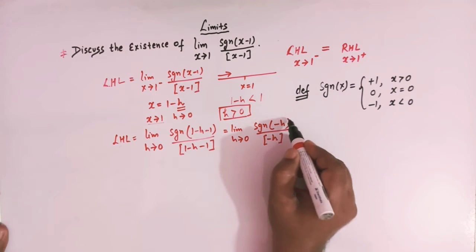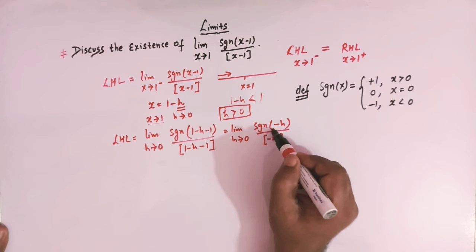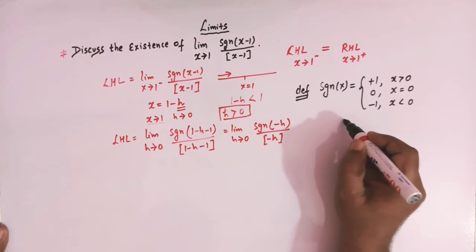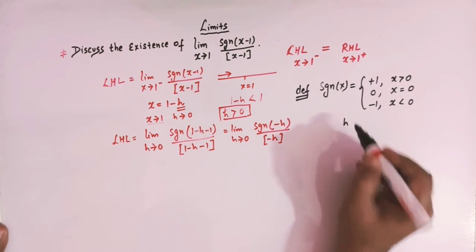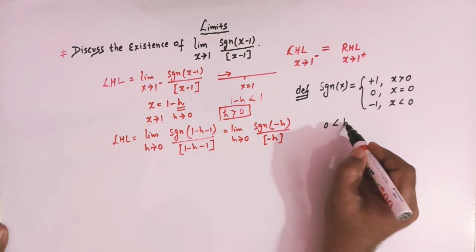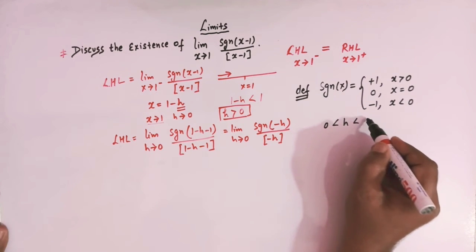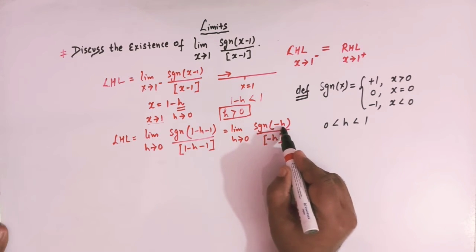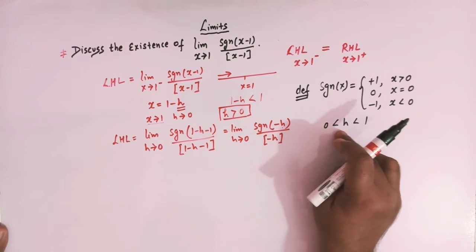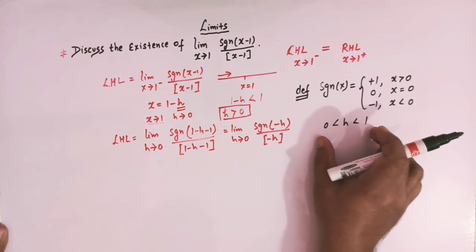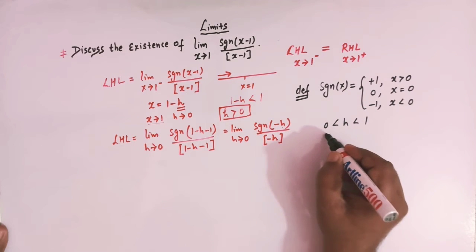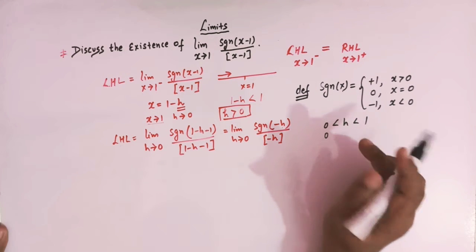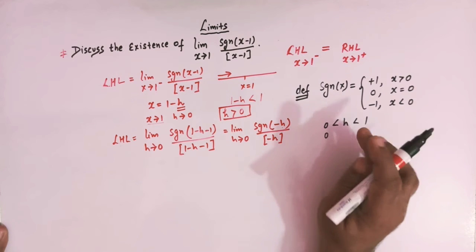Now let us compare this expression with this one. Here we have minus h in place of x, and we know that h is greater than 0. So basically this quantity h lies between 0 and 1. And here we want to have negative h, so we will multiply this inequality throughout by minus 1. When we multiply this inequality by minus 1, the direction of the inequalities gets reversed.